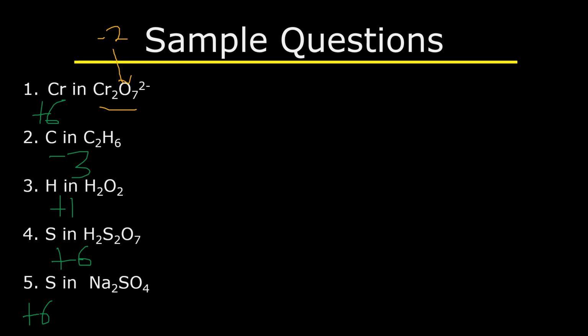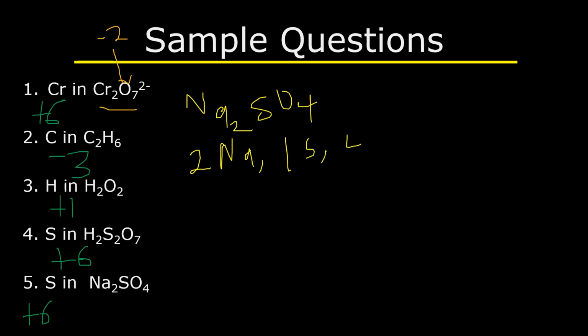Na2SO4, this is a neutral compound. So in this case, in my calculation, I'm going to include sodium. So it's going to be 2 Na, 1 S, and then 4 O's. All of this is going to be for a neutral compound of 0.